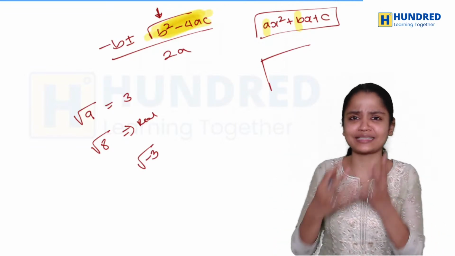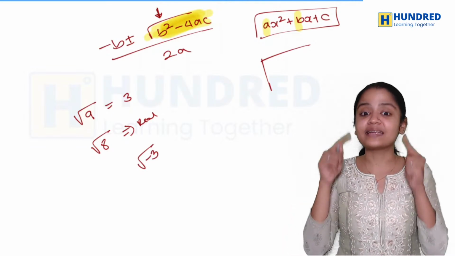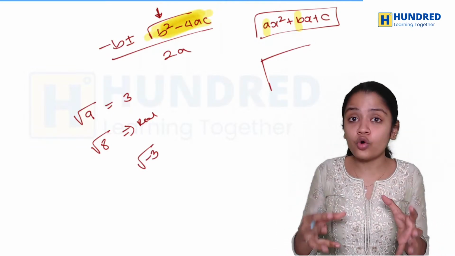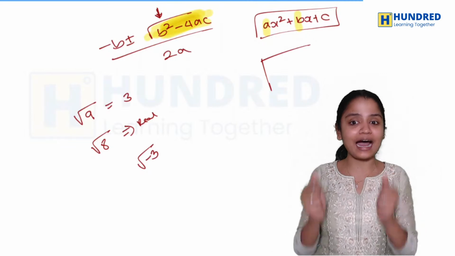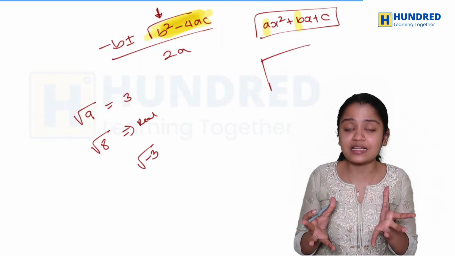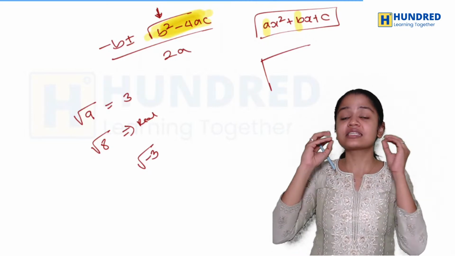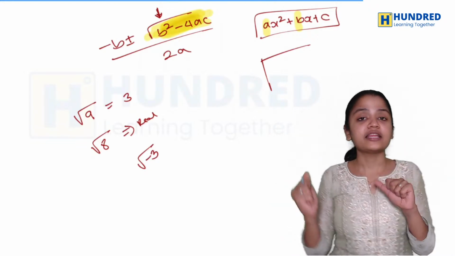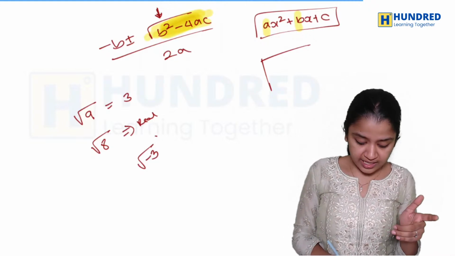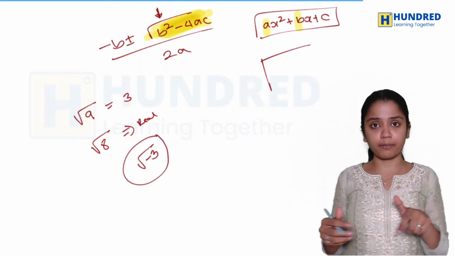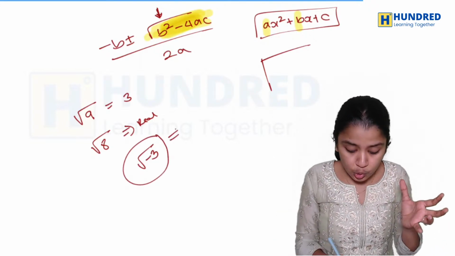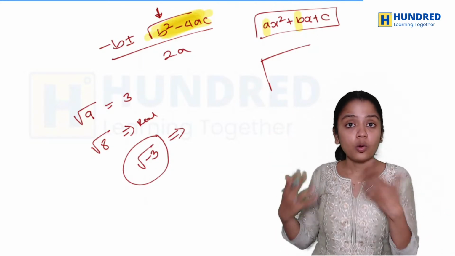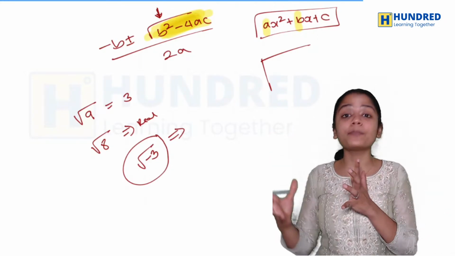But this is how complex numbers arrived. Inside the square root, if you have some negative number, what will you get? You will get a complex number.